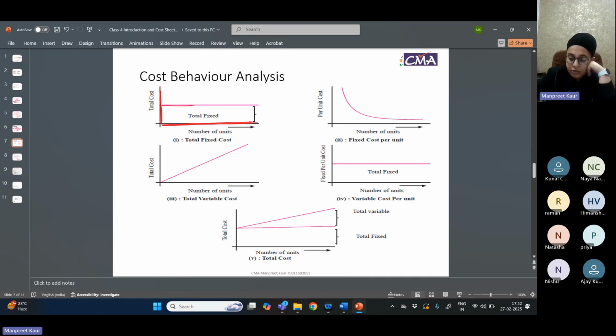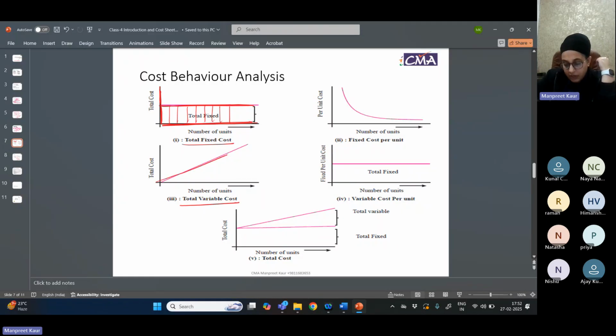Fixed cost remains fixed as the number of units increases. This is the total fixed cost. Next is the total variable cost.